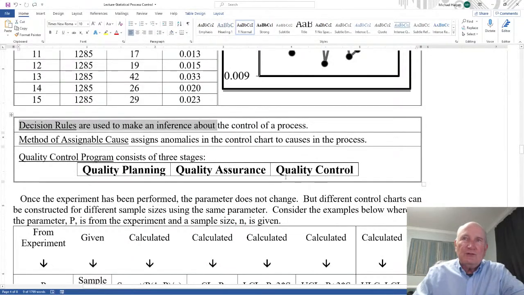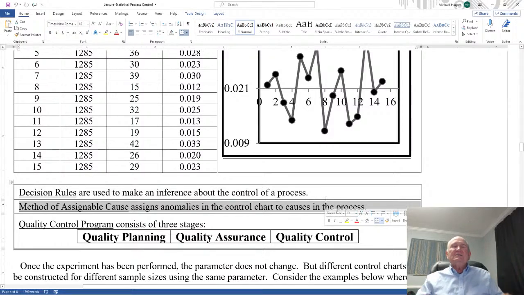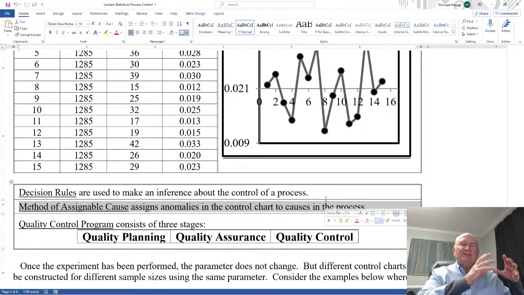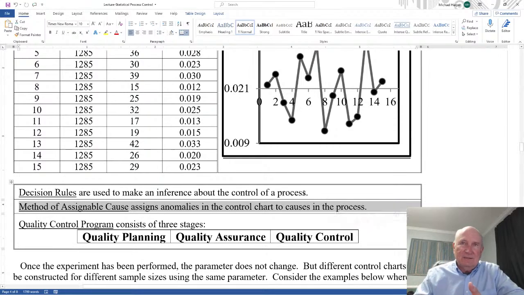Now, quality control, on the other hand, is saying, okay, this method of assignable cause indicates there's a cause there. Now what do you do? Well, you go back and improve the process. That's quality control. Quality control is actually changing the process, improving it, and there you have configuration management, change management, and that is a lot more difficult than you think. Or quality control is auditing the process.